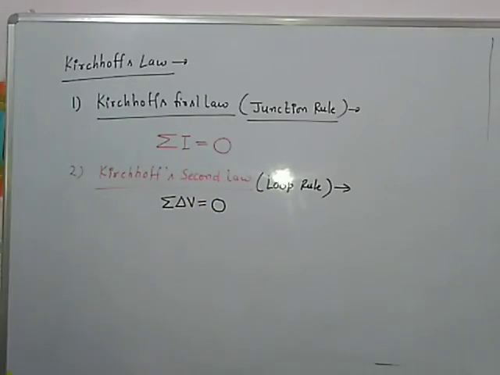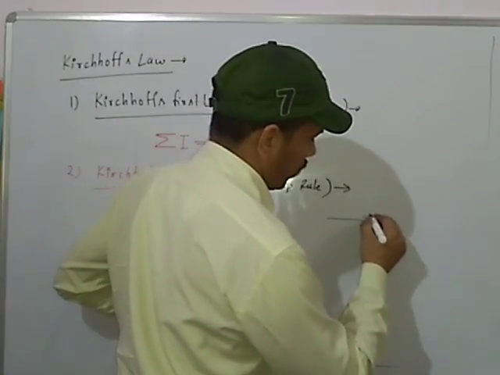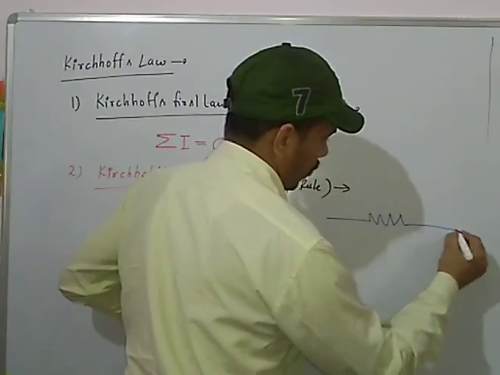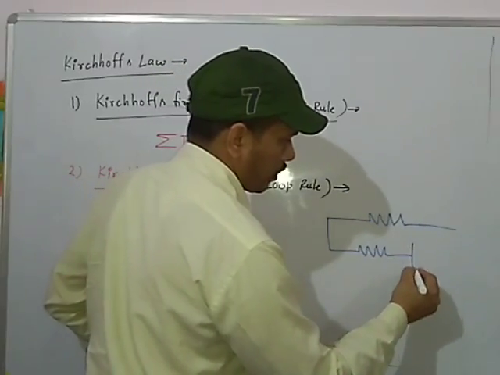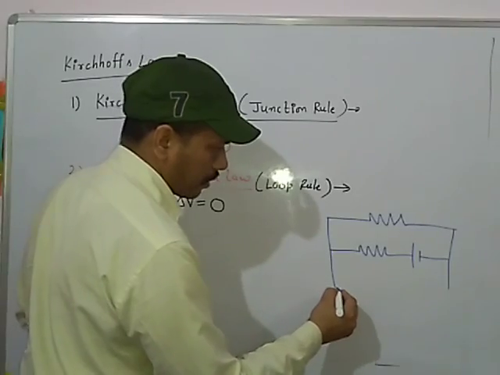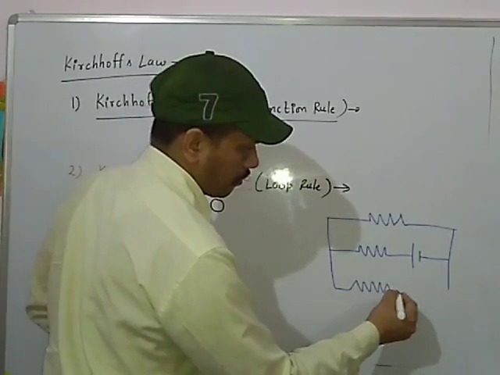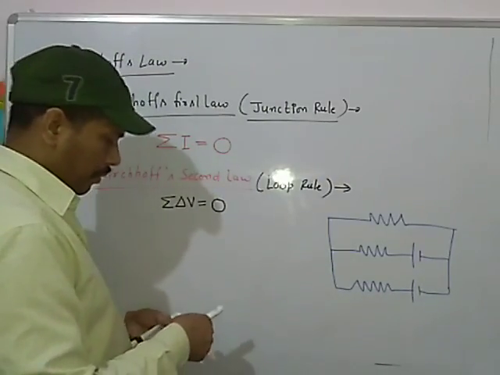इसके लिए भी हम क्या करते हैं, एक सर्किट अरेंजमेंट यहां पर देखते हैं. For example, we are having a circuit. These are the resistors, cells are connected in this way.